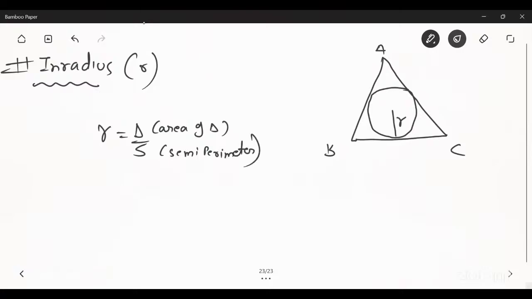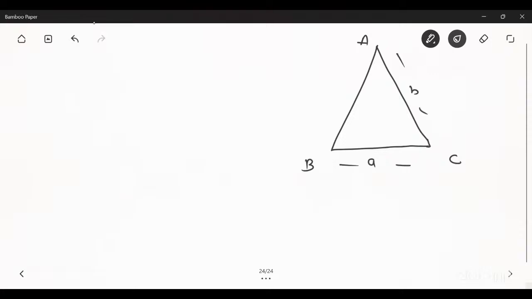Now, the important results of inradius are, if there is a triangle ABC, the side opposite to angle A is small a, opposite to angle B is small b, opposite to angle C is small c, and that was the circle. The radius of that circle will be small r.